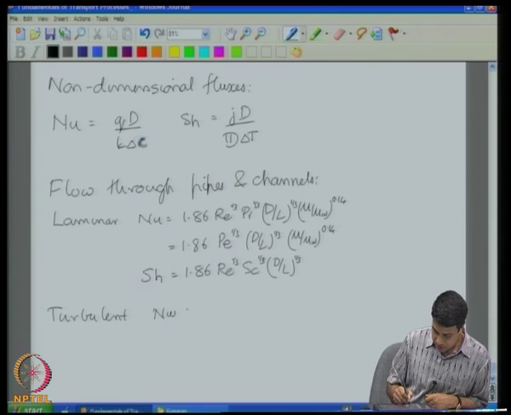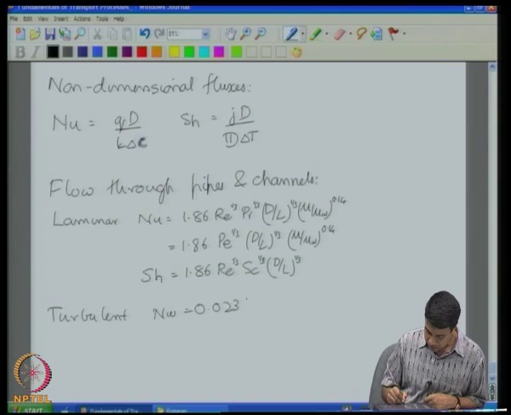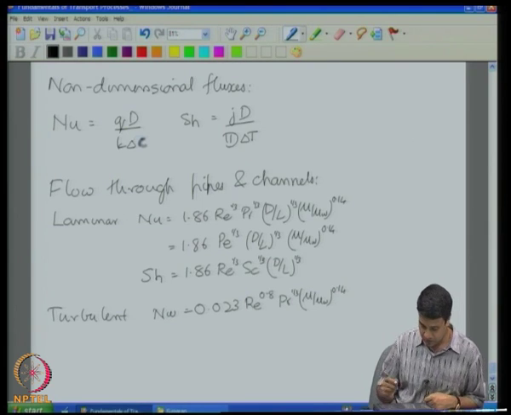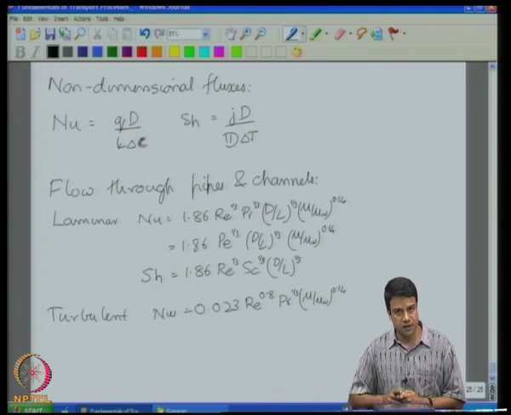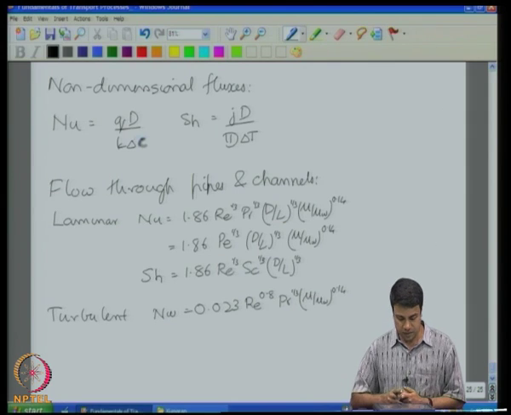For a turbulent flow, the Nusselt number is equal to 0.023 into Re power 0.8 Pr power 1/3. Okay. In this case, I cannot reduce it to the Peclet number alone, because the powers on Re and Pr are not the same.